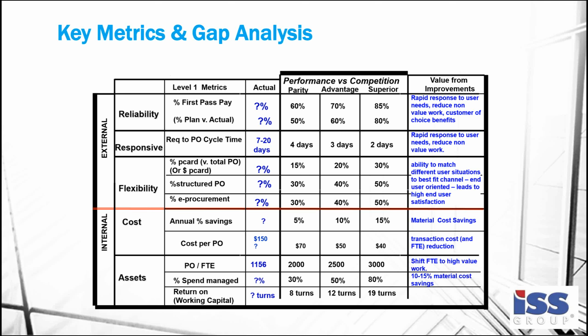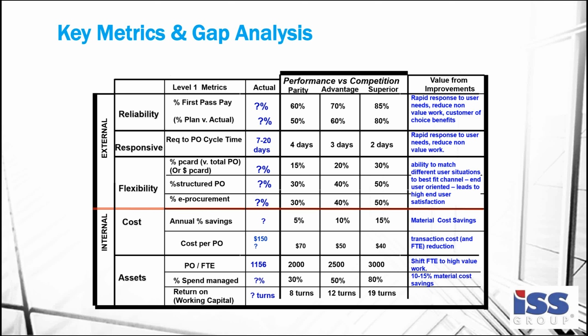You're not going to get there in one fell swoop, one project, and overnight if you're way down on the 30% first pass pay, but you can get it from 30% to 85% in a year or two with some investment. So down on the bottom you see PO per FTE, and you can see 1,156. That's the number of POs per FTEs they get through the system. And you can see the parity, advantage, and superior. Now these numbers really have a lot of variability in them.